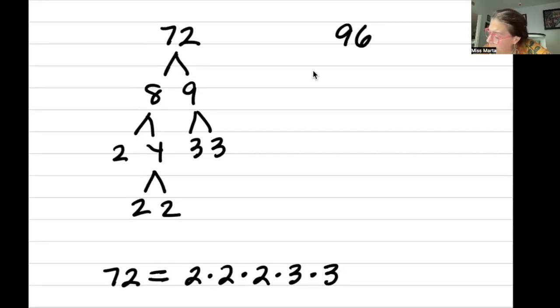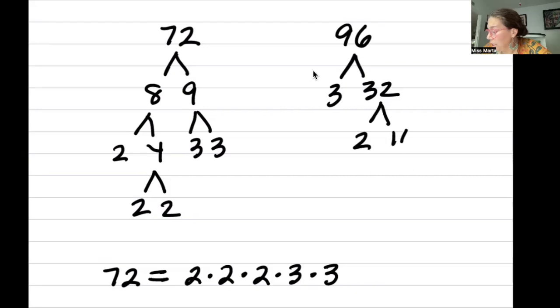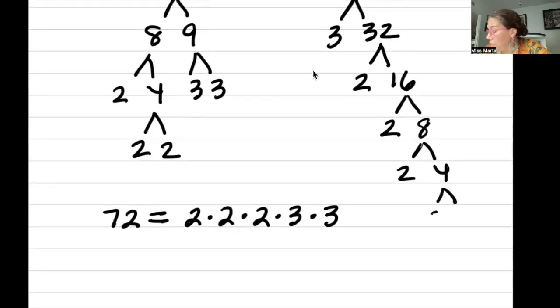Looking at 96, I can divide this by 3, and that would be 3 times 32. And 32 is 2 times 16, and 16 is 2 times 8, and 8 is 2 times 4, and 4 is 2 times 2.